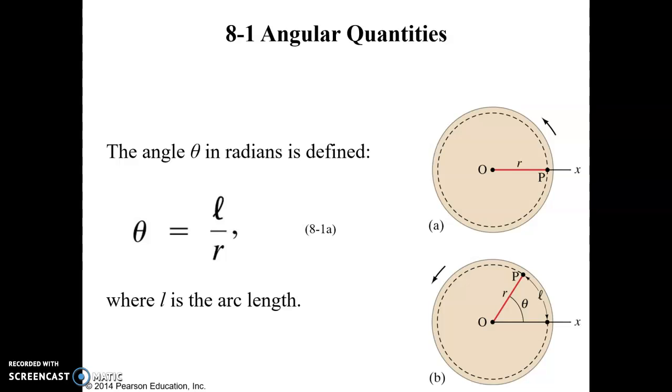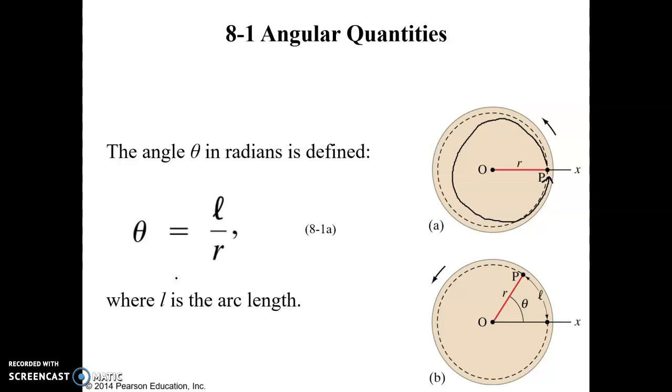And in this chapter, we're going to look at a lot of the same concepts, but because our motion is occurring in a circular path rather than a straight line, or in the case of projectile motions, a parabola, we have to basically translate what we've learned before into this new language. It's like translating English into Spanish or something like that.